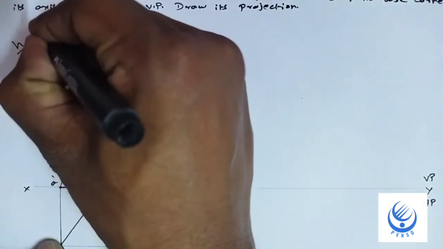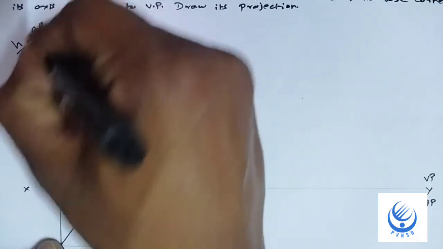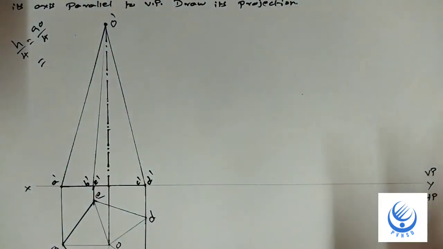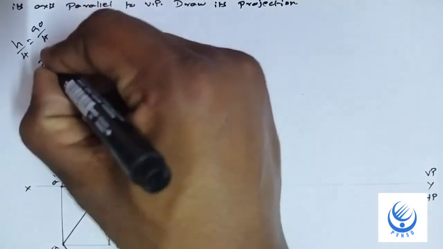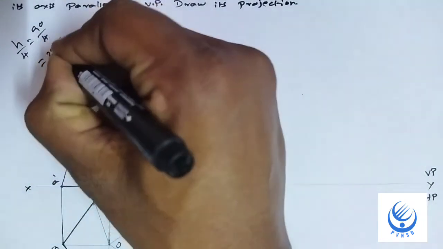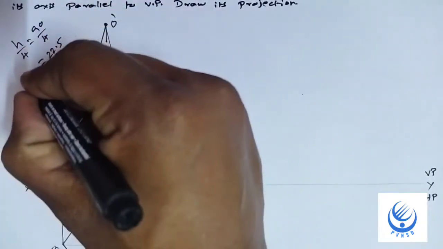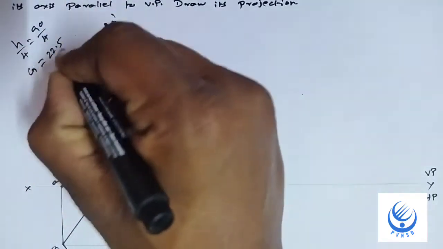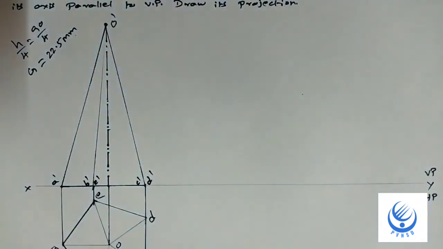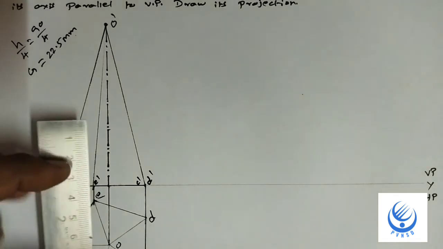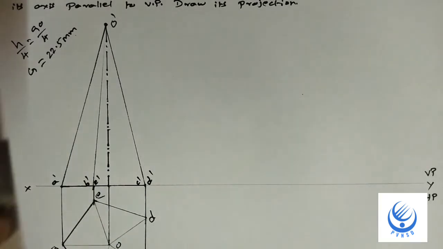Therefore 90 divided by 4, you will get 22.5. This length is 22.5, the letter G, 22.5 mm from the reference line.